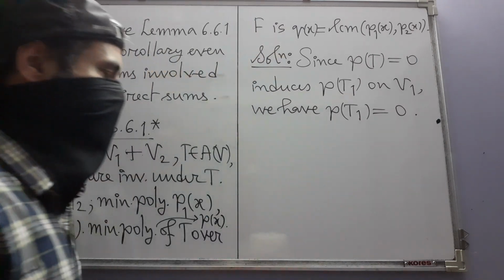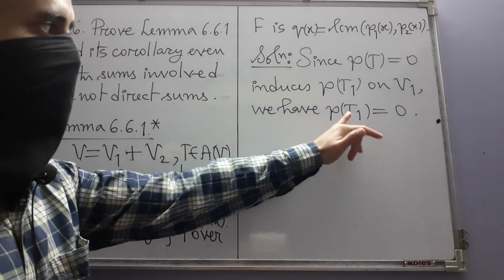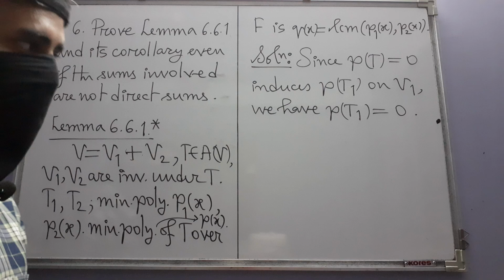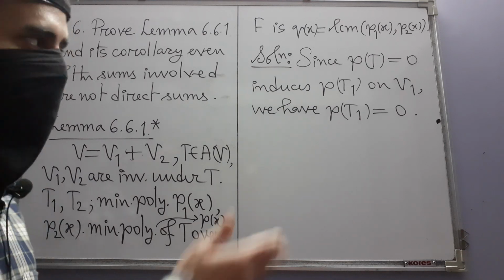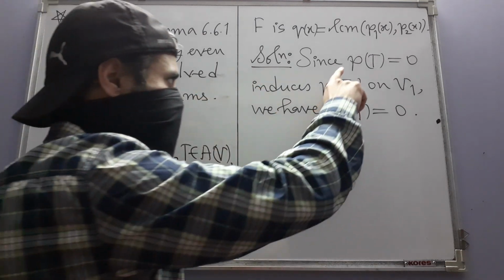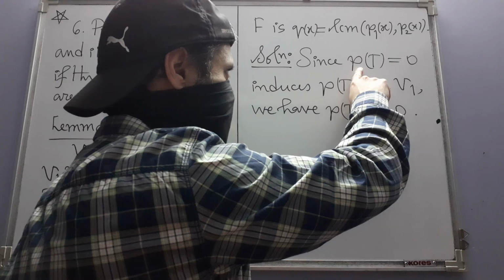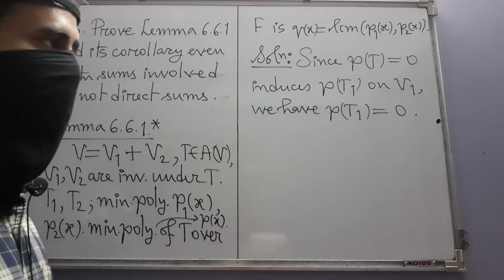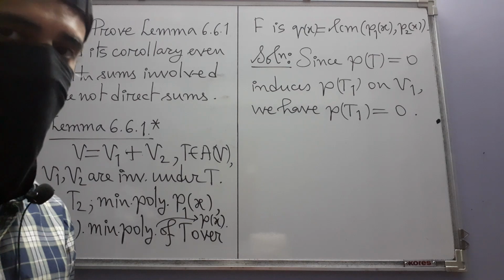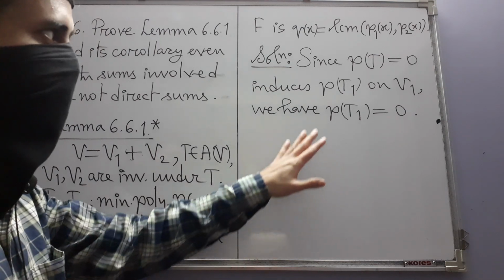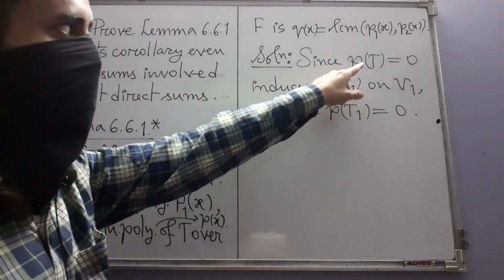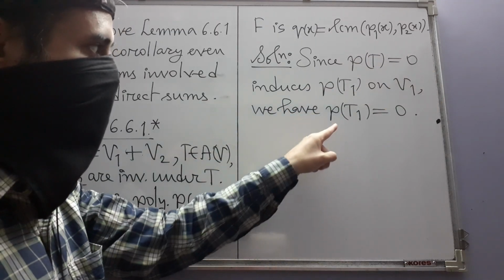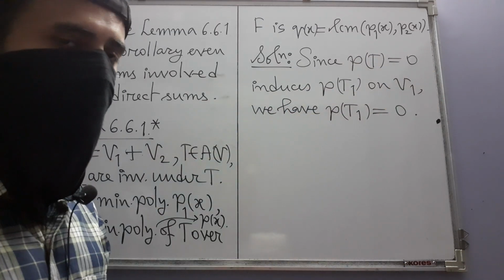Alright, now forget about t1 and concentrate on the polynomial p itself. t1 is after all an operator just like t. Now p, because it's the minimal polynomial of t, is also the annihilating polynomial for t. If you substitute t in place of x, you get the 0 operator. The same thing is true for t1.